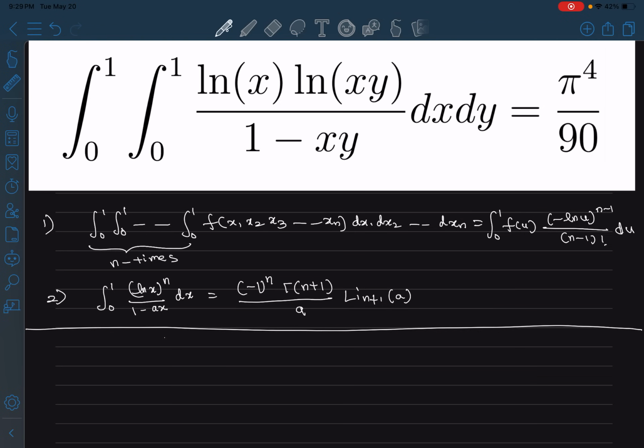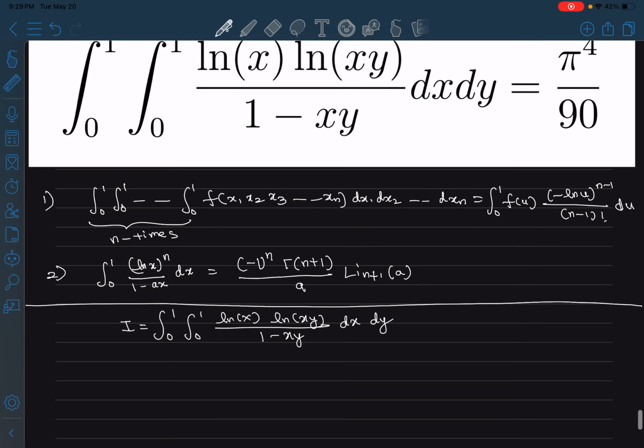We have the integral from 0 to 1, integral from 0 to 1 of log xy divided by 1 minus xy, dx dy. Let this integral be I. Notice that both x and y run from 0 to 1. Since the domain is symmetric, we can interchange x and y and the answer will still be the same.